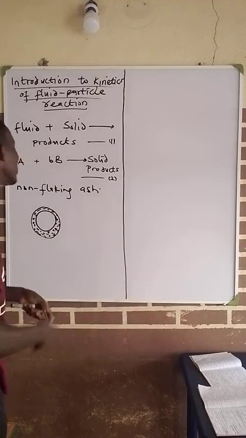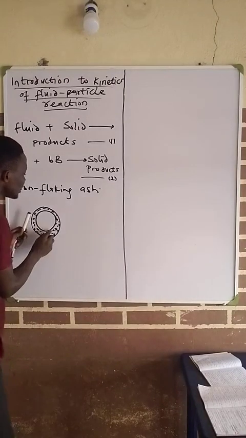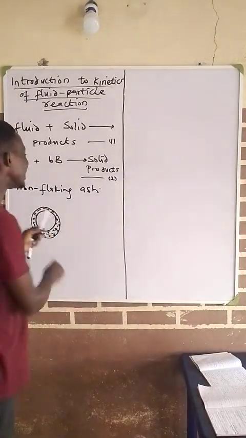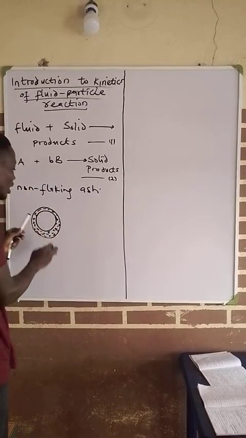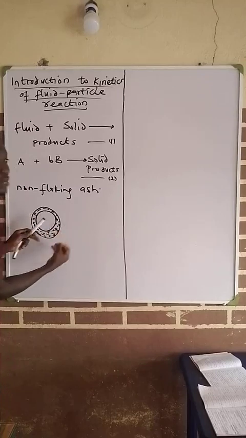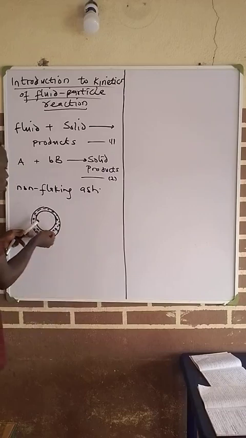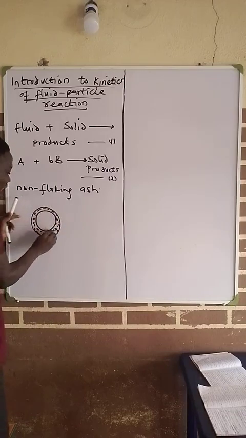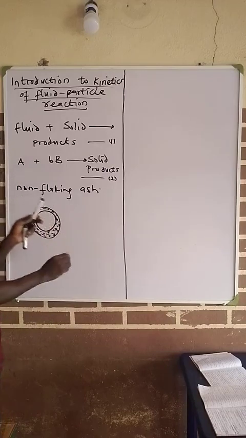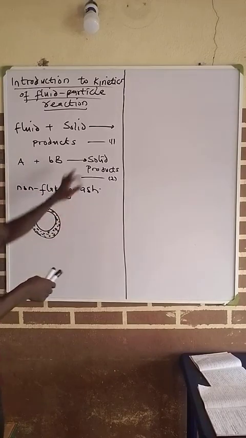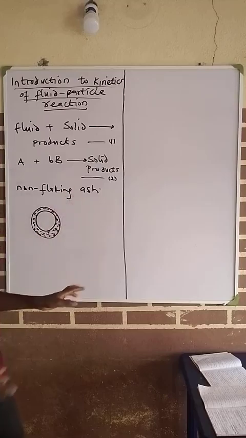But when these impurities, or we can refer to them as ash, are non-flaking, that is, when they don't detach themselves from the surface of the unreacted core or within the particles that make up the ash, then you will notice that the solid product will remain unchanged in size.